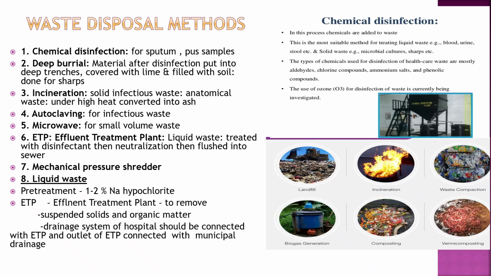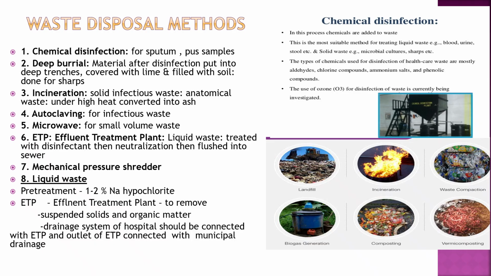Then ETP, effluent treatment plant. Liquid waste generated in the hospital is treated with disinfectant, and then neutralization is done and it is flushed into the sewer system. So that is ETP. And then the mechanical pressure shredder: all glass waste or plastic waste should be mechanically broken down into small pieces, and then they can be reused.